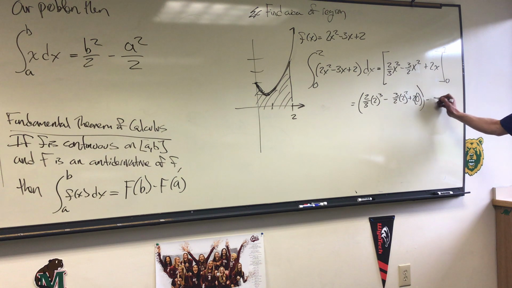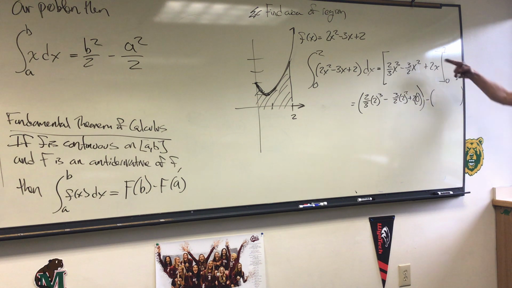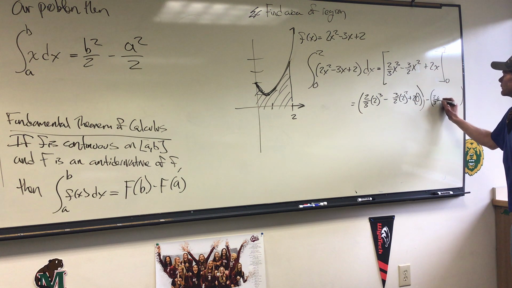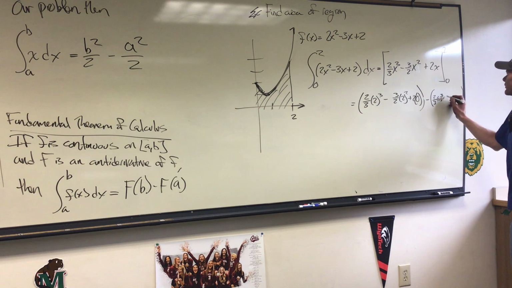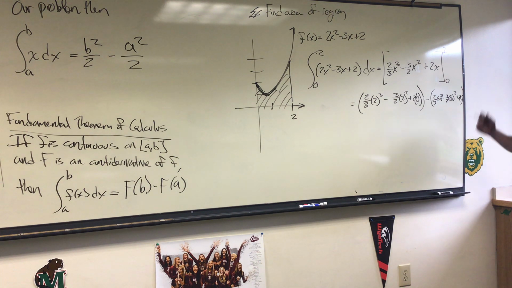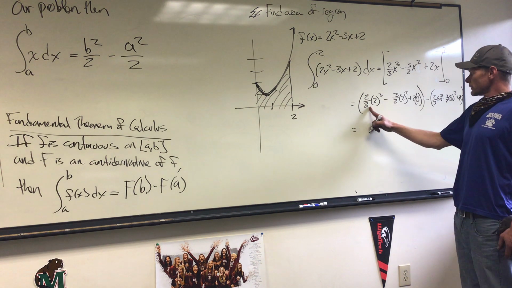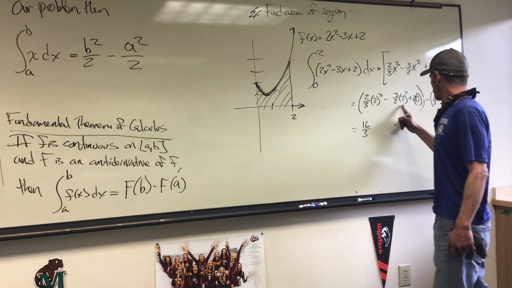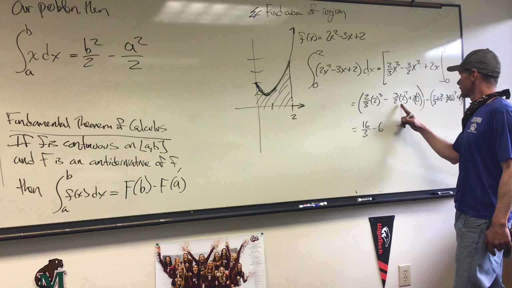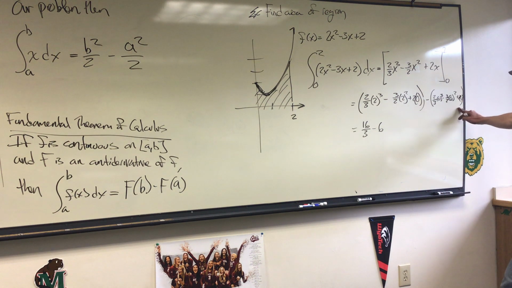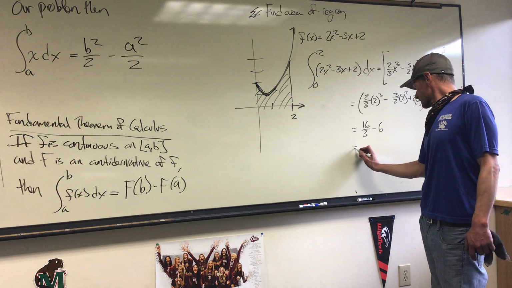But the second one, we're going to put 0 into there, and that's 2/3 times 0 cubed minus 3/2 times 0 squared plus 2 times 0. Let's see. 2/3 times 2 cubed, 16/3. This is 6. 3/2 times 4. And that's 0, and this whole thing goes to 0. So 16/3 minus, uh-oh.